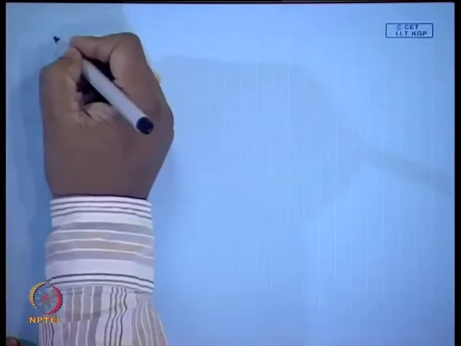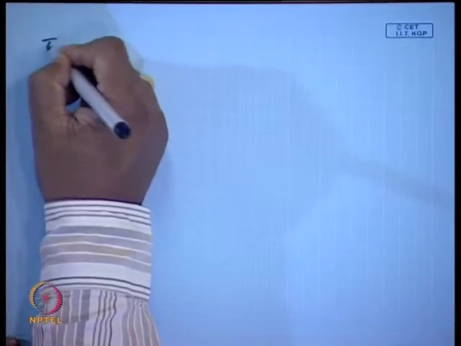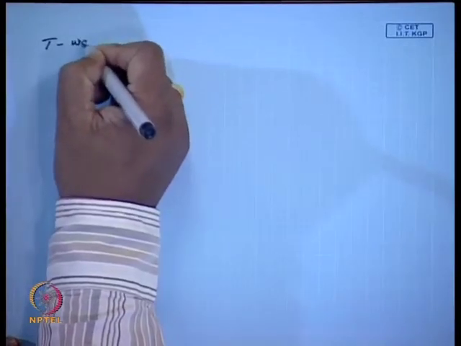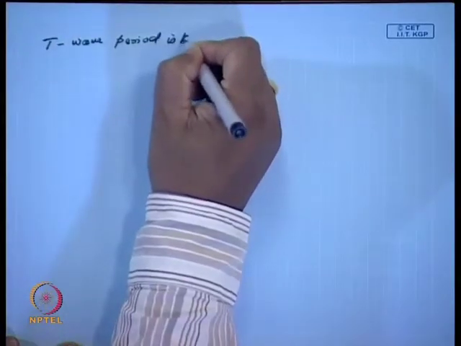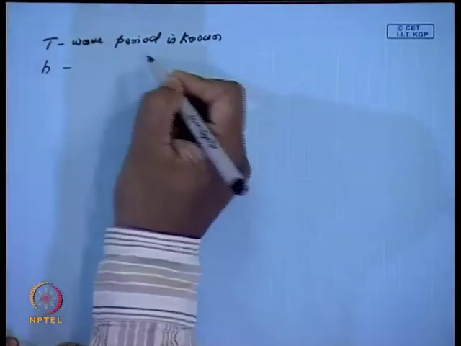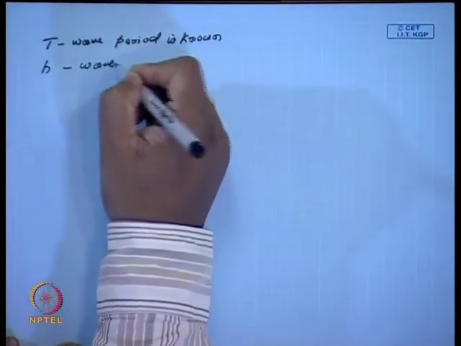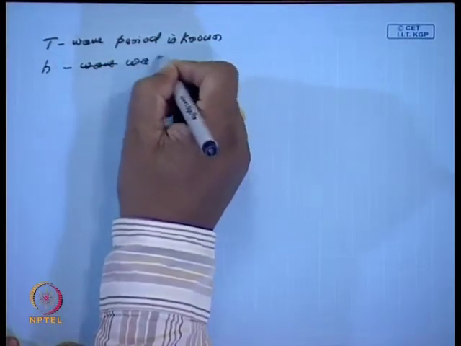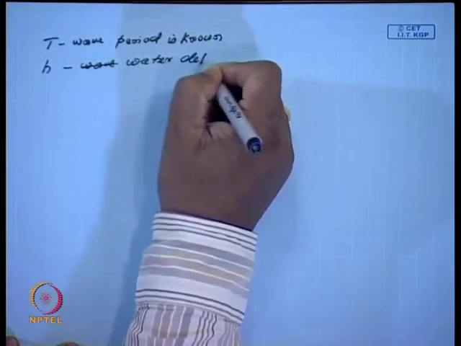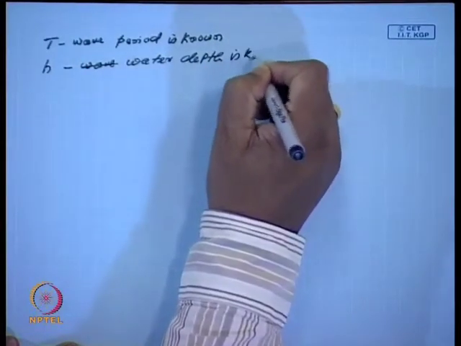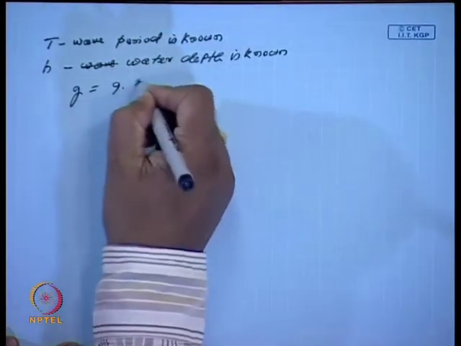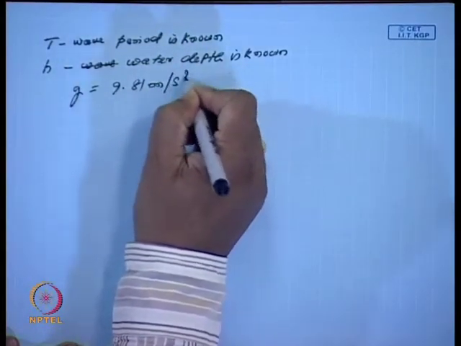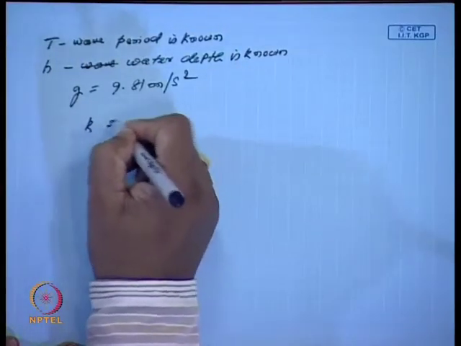If I assume that T is known, that is, the wave period is known, and I know the water depth h, and g is equal to 9.81 meter per second square, then what will be my k? That I need to know.